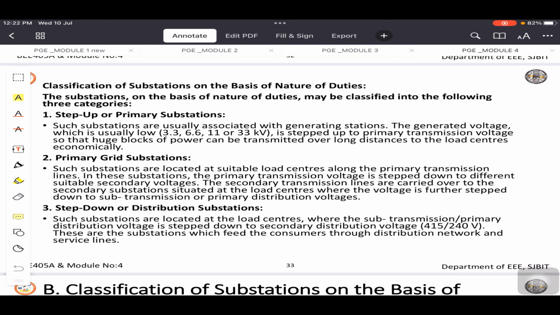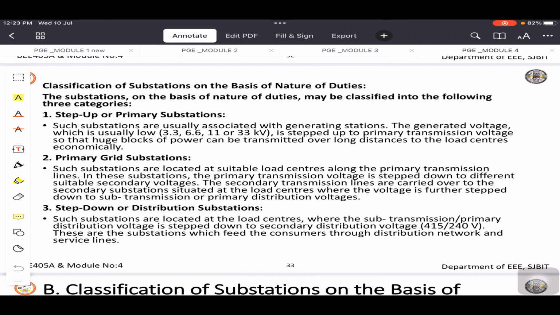Further after reduction, this secondary voltage is transmitted through the transmission lines to the secondary substations, which are generally situated near to the load centers, and there again the voltage is further stepped down to primary distribution voltages. So this is the working of your primary grid substation.